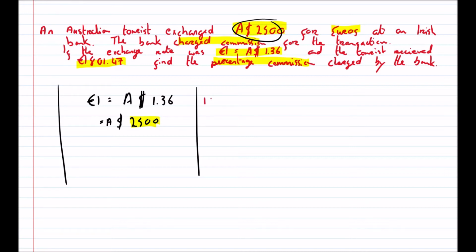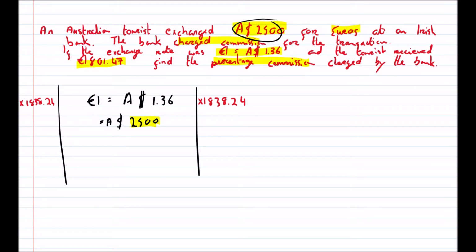1838.23. Actually, it's .24. Round it up. Okay, so if I multiply this by this, I get to where I want, this 2,500. So now I'm going to have to do the same on the other side. So I multiplied it by that on this side. I need to multiply it by 1838.24.